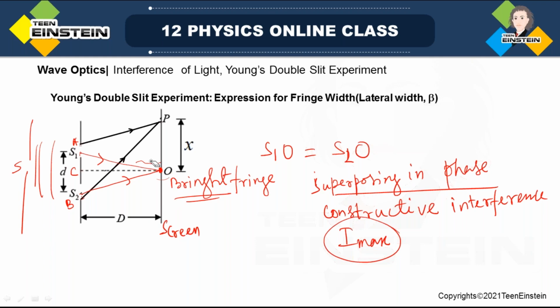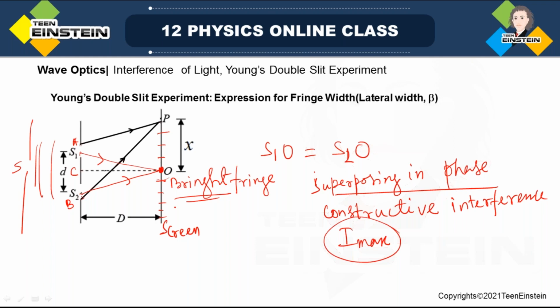So now we will be taking a general case, because it is symmetrical. This is the bright central fringe, and on either side of this O, if I take the x-axis along this OP direction, this vertical line, as the x direction, suppose you take this as origin, this side as positive x and this side as negative x.